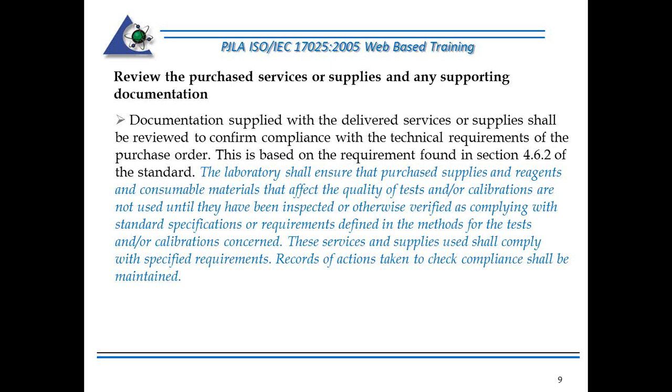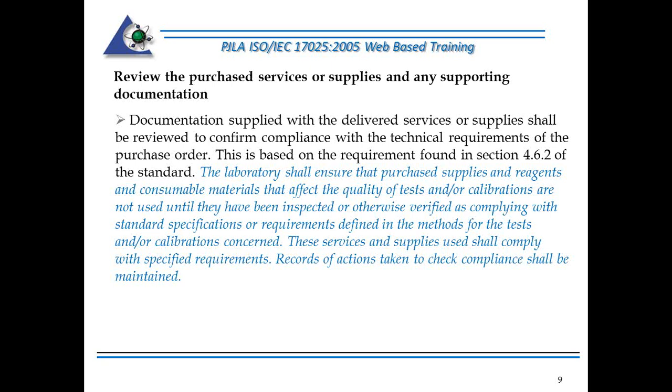The laboratory shall ensure that purchased supplies and reagents and consumable materials, now bear in mind, this does not include services, it's supplies, reagents, and consumable materials, that affect the quality of tests and calibrations are not used until they have been inspected or otherwise verified as complying with standard specifications or requirements defined in the methods for the tests and or calibrations concerned.